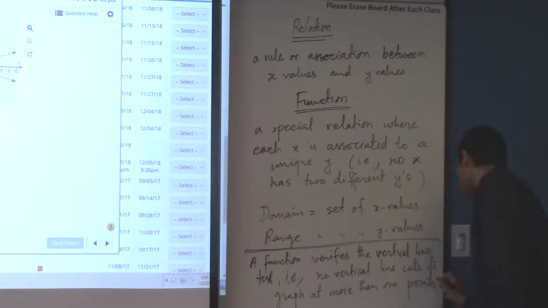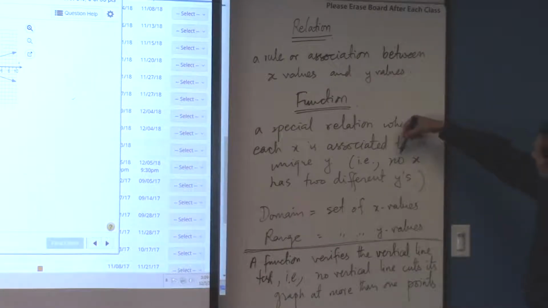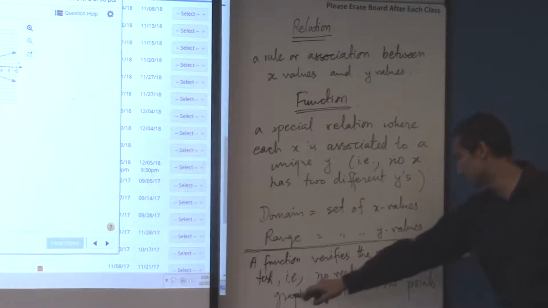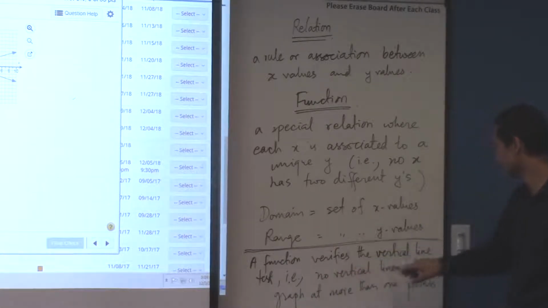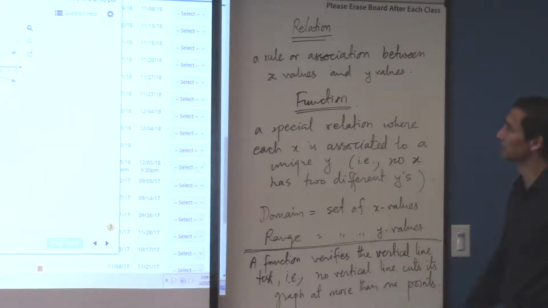This is equivalent to saying that no x has two different y's, but it's just a graphical interpretation, a graphical way of checking that no x has two different y's.